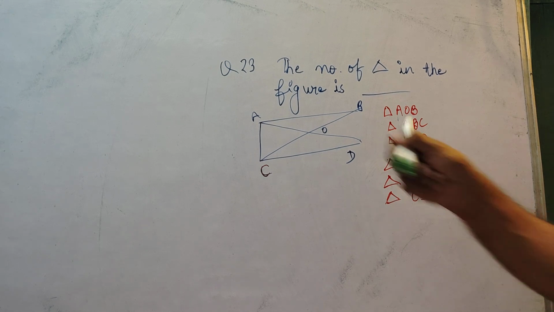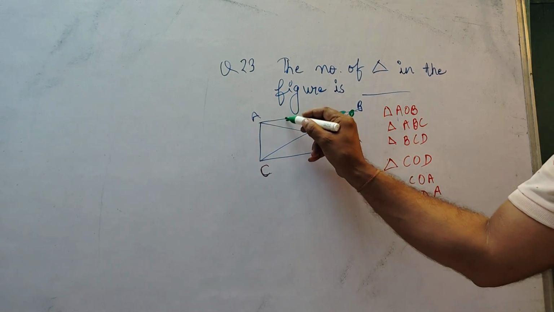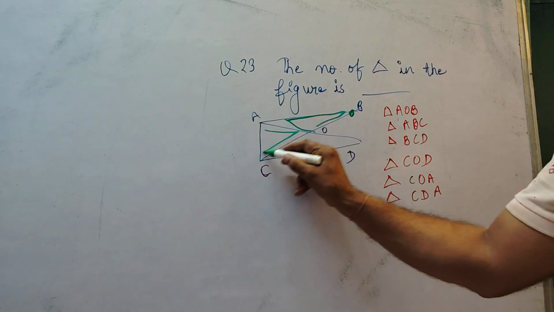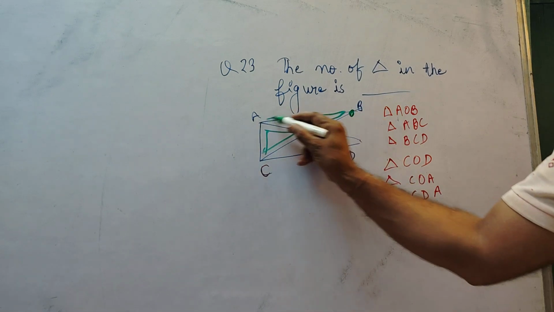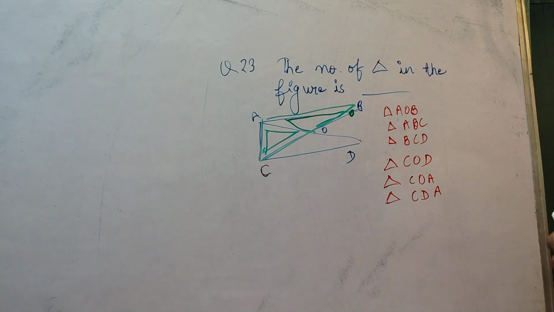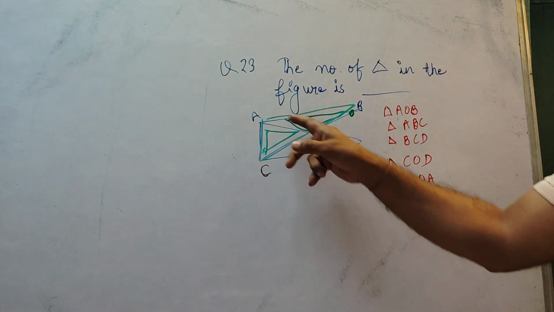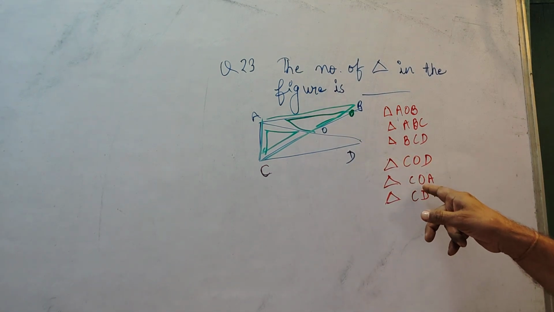Look in the diagram. From B, there is one triangle. Second one, two small, and one big. So three triangles are forming from B, similar to COA.